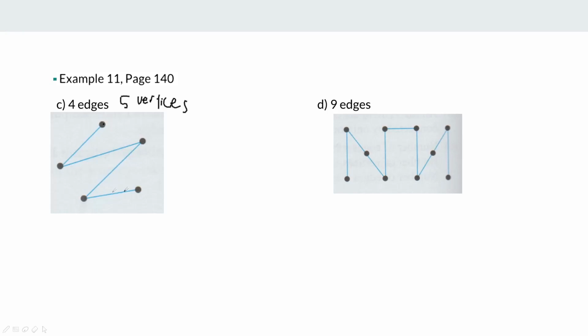It has 1, 2, 3, 4, 5 vertices and 4 edges. Yes, this is a tree. Now I'll try to draw mine, which is 1, 2, 3, 4, 5 vertices, and then the edges.